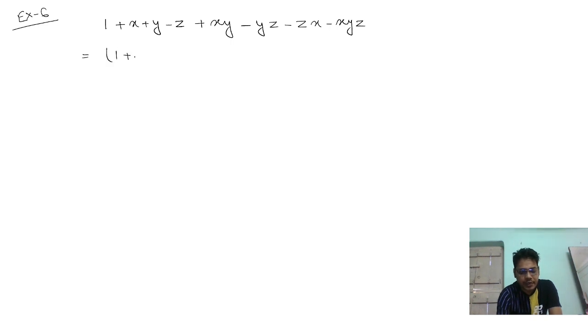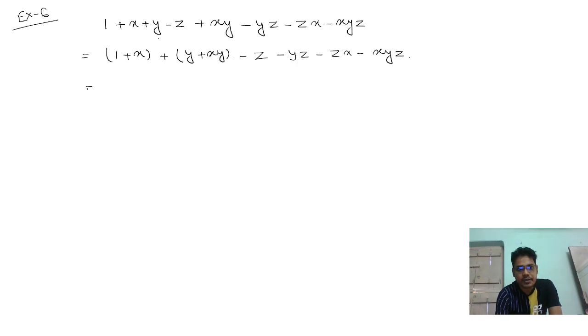First make the group, 1 plus x in the group. Okay, then y and xy within the group, so y plus xy in the group. Okay, minus z minus yz minus zx minus xyz. Okay, we have to make them group.